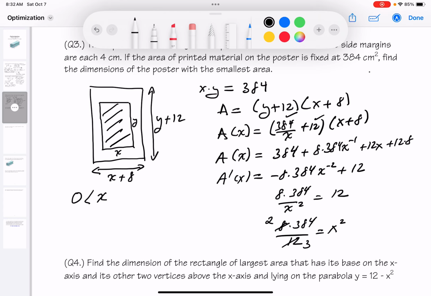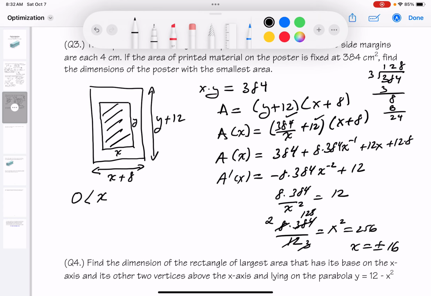Let's put this down. 3 into 384. 1, that's a 3. Drop the 8 down, that's 2. That gives me 6, and then I get 24. That gives me 8, so 128. All right? So this could be 128. 2 times 128 is 256. X will equal plus or minus 16.